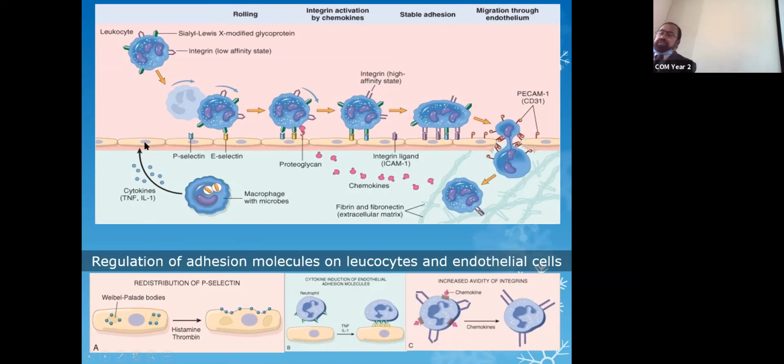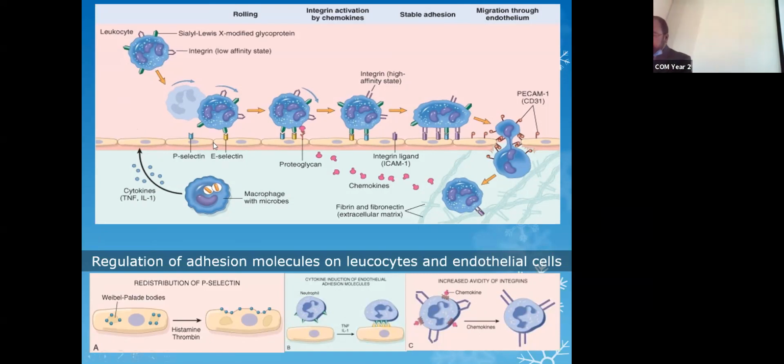Normally, you don't see these P-selectin and E-selectin in this endothelium. But as it has been activated by these chemical mediators, histamine and thrombin, they go up and they are activated now. Now they are waiting for the neutrophil to come down, right?